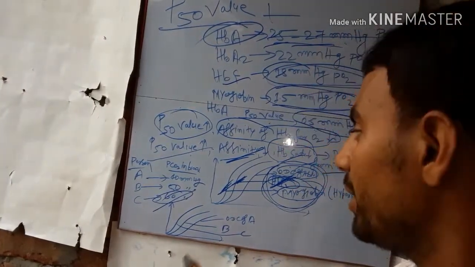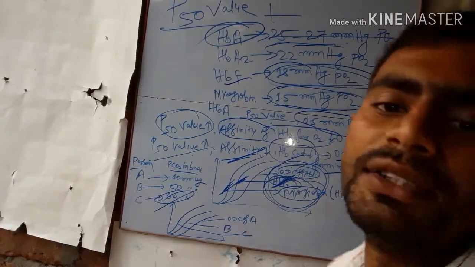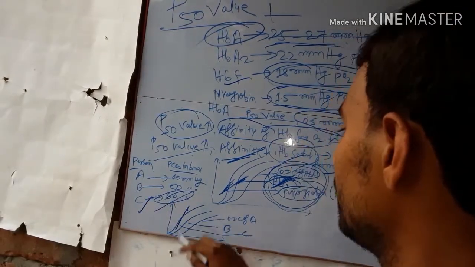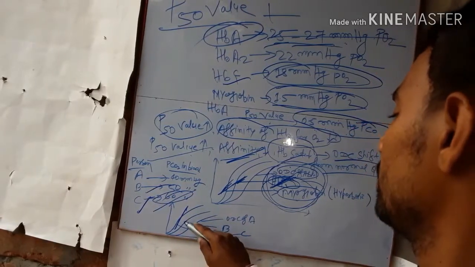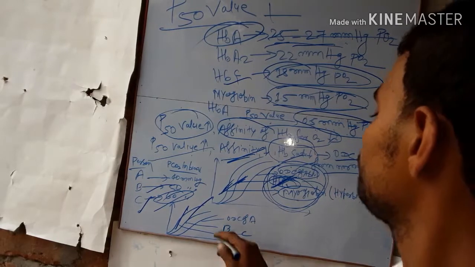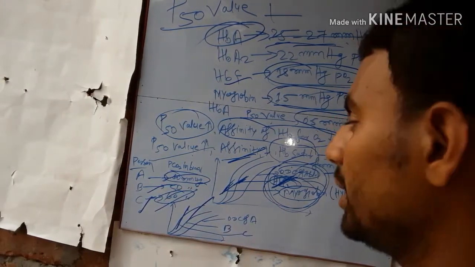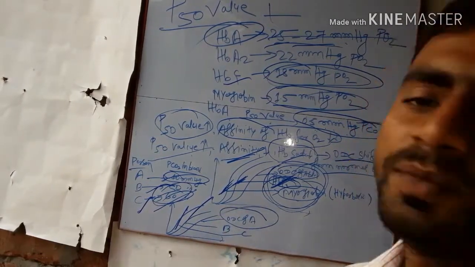After that, as it decreases, it shifts to the right side. The maximum is the C portion, so the C graph. After that is the B portion, this is the B graph, the ODC of B, and this is lesser than the others, so it is on the right side.